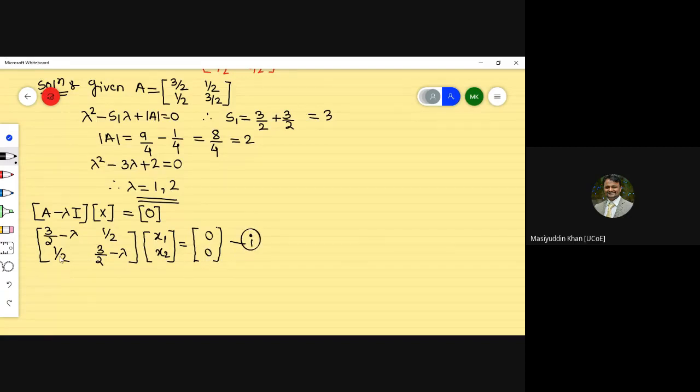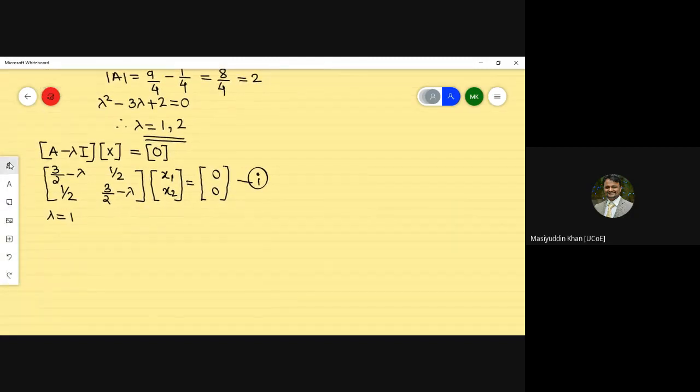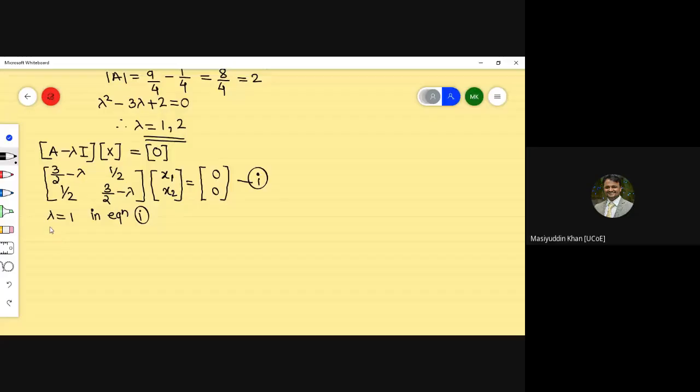We have to put the value of lambda equal to 1 here. So while putting lambda equal to 1, we will get 3 by 2 minus 1, 1 by 2, 1 by 2, and 1 by 2, times x1, x2, equal to 0, 0.